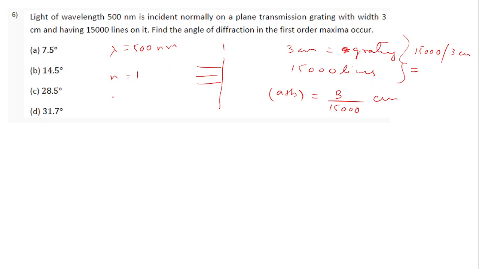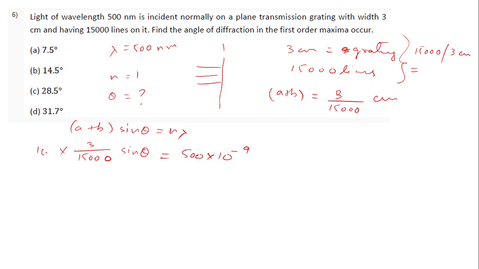For the first order maximum, we need to find the angle of diffraction. Again using the condition of interference maximum, n lambda, where n is 1 here, (a plus b) is 3 over 15,000 multiplied by sine theta. Lambda is 500 nanometer, converting to meter, it will be 10 to the minus 9 meter. This is in centimeter; if we also convert it to meter, it's 10 to the power minus 2. So sine theta will be 500 times 10 to the power minus 9 multiplied by 15,000 divided by 3 times 10 to the power minus 2.